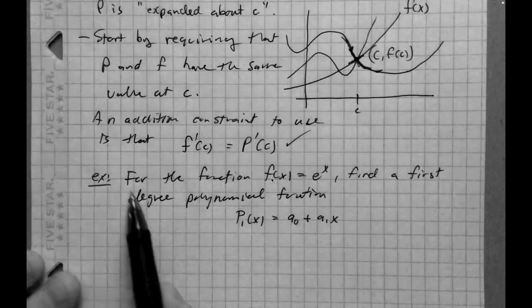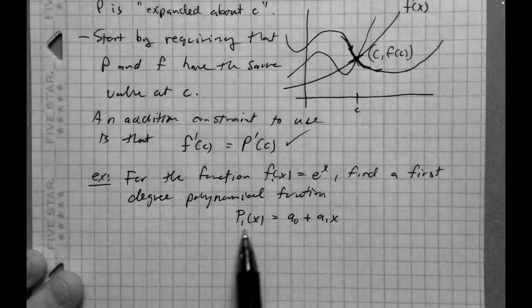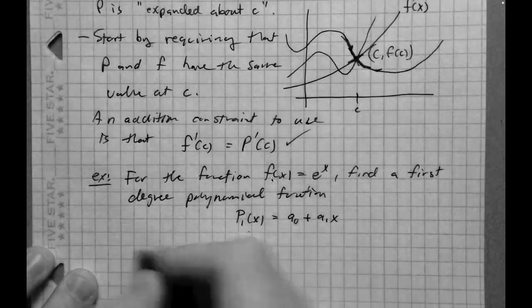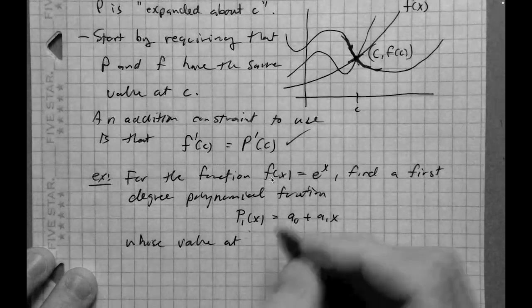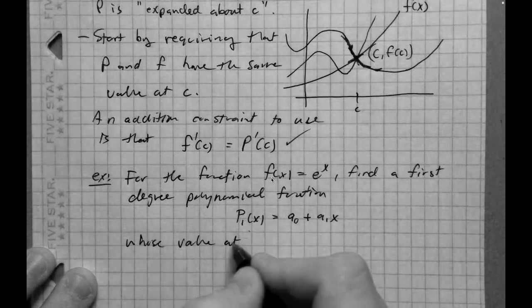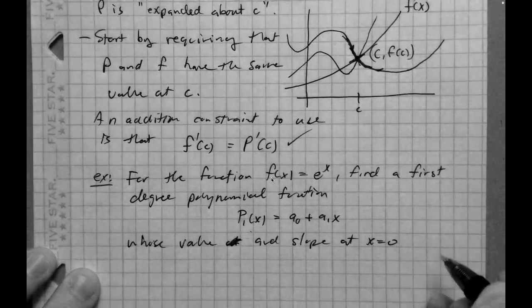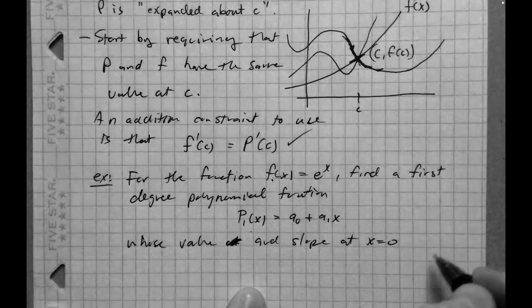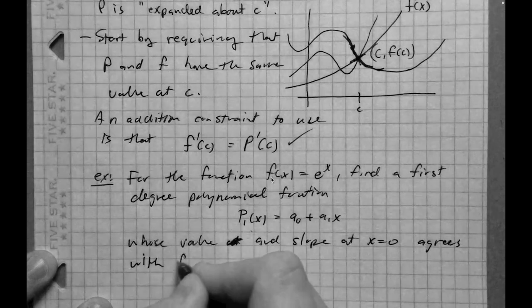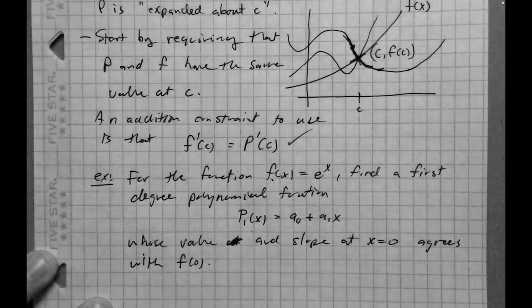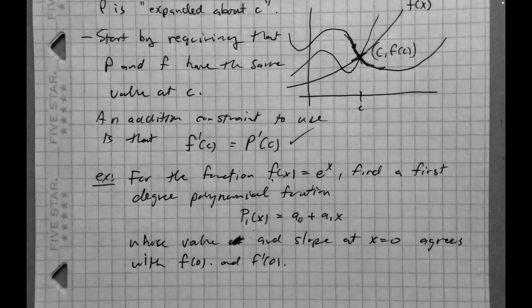And so for the function f of x equals e to the x, we want to find a first degree polynomial function, p1, of this form, whose value and slope at x equals 0 agrees with f of 0 and f prime of 0. Okay. All right, so this is what we're after.